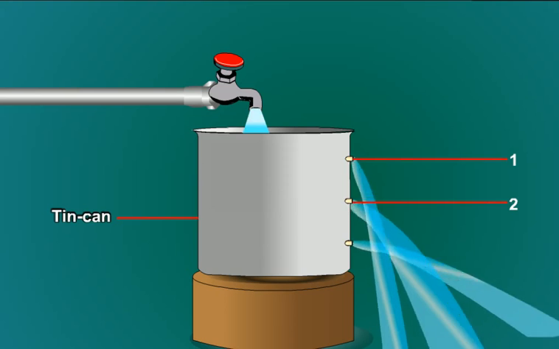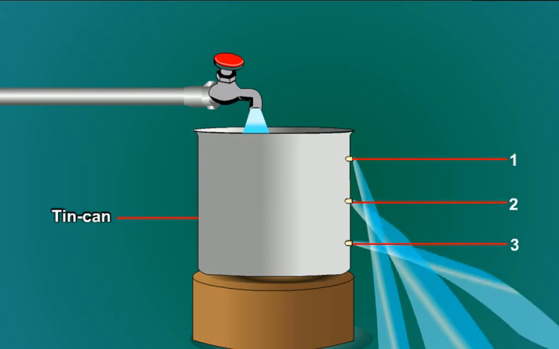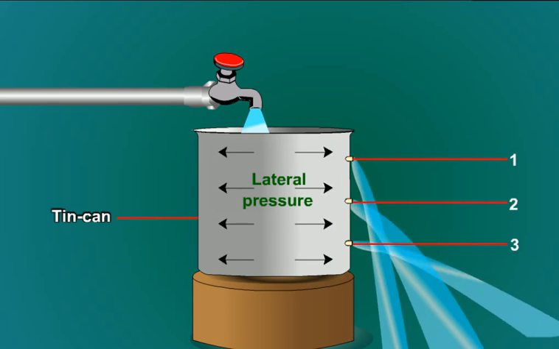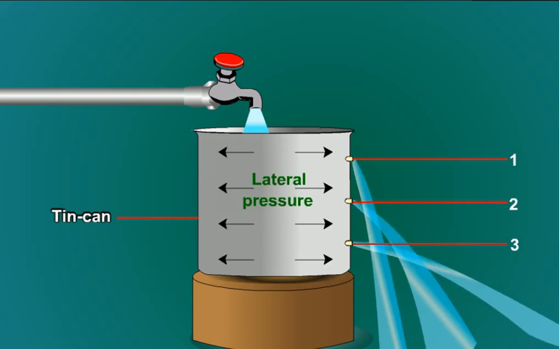It means pressure at hole 3 is more than at hole 1 and 2. Moreover, the pressure acts on the sides of the vessel, which is called lateral pressure. This shows that pressure at a point increases with height of the liquid above the point.